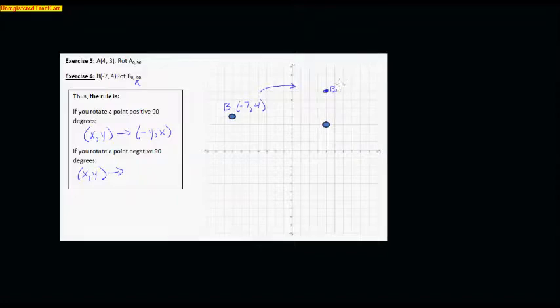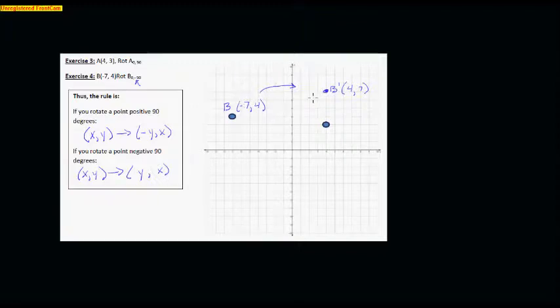If you take your paper and you turn it, you can actually show that that is what's going to happen. So let's see what the rule is. Whatever we started with, it looks like the 7 and the 4 changed places again. So the y is going to be over here, and the x is going to be over here. Now, did any of them change sign? Well, yes, they did. That 7 right here was the x value.